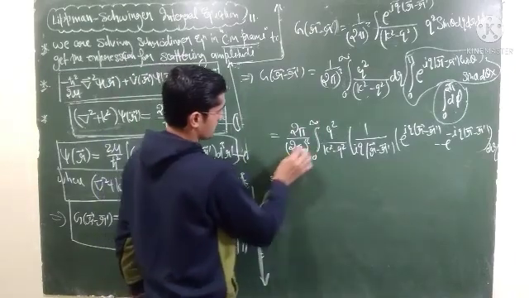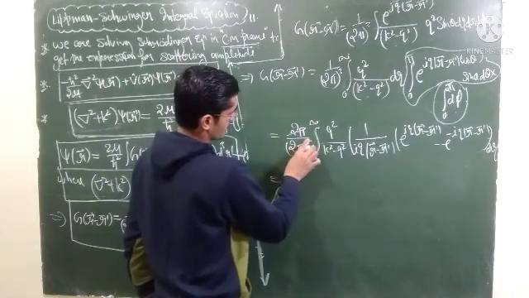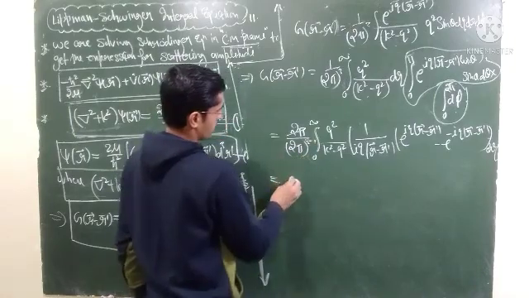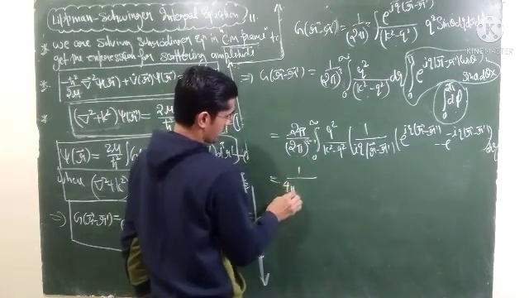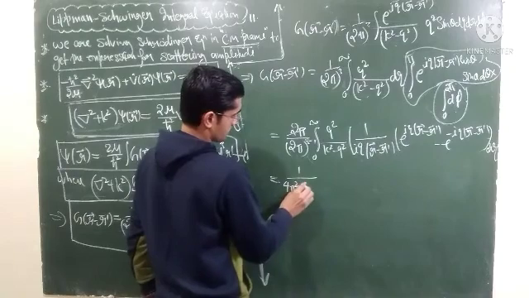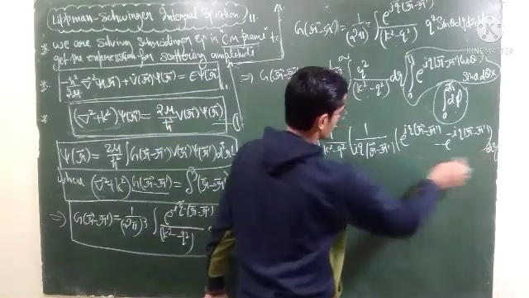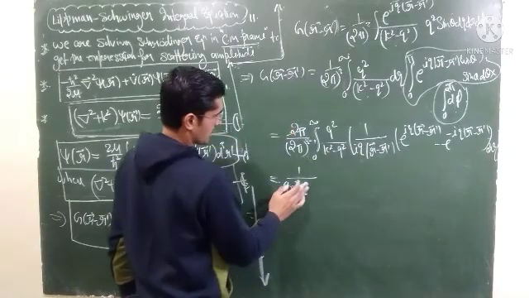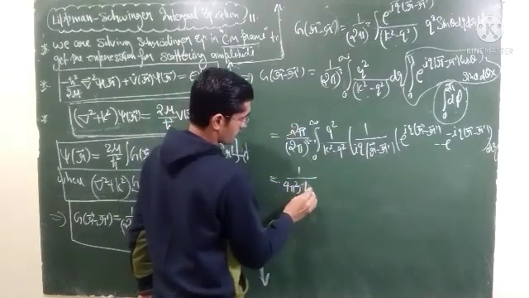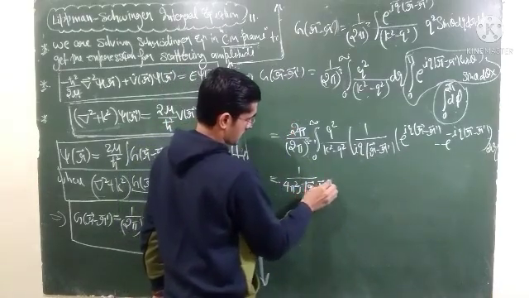Now it will cancel to 1 of the power, and it will be 1 over 4 pi square into this particular term which is 1 over q, and because integration is with respect to q, this particular term will be out. So it will be mod of r minus r dash.